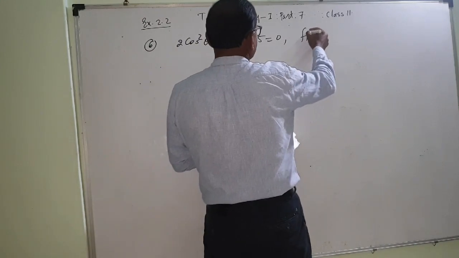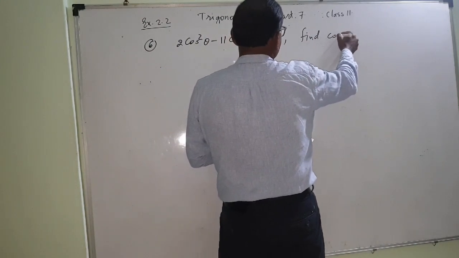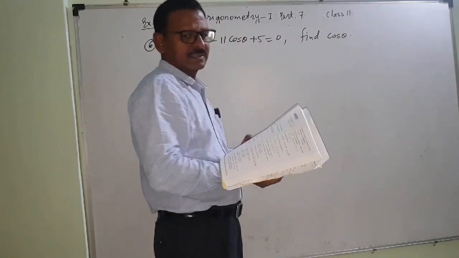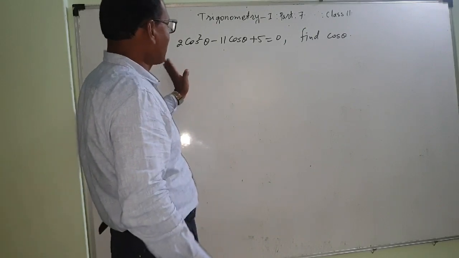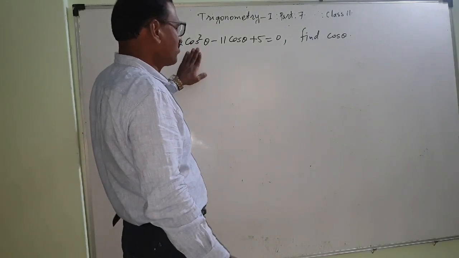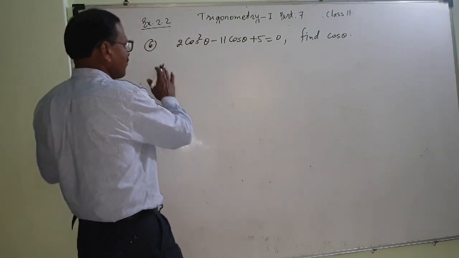Find cos theta. So here it is a straightaway sum. If they would have asked sin theta, first of all we would have found theta. But now it is the same way.